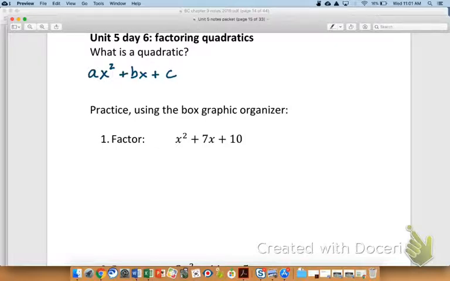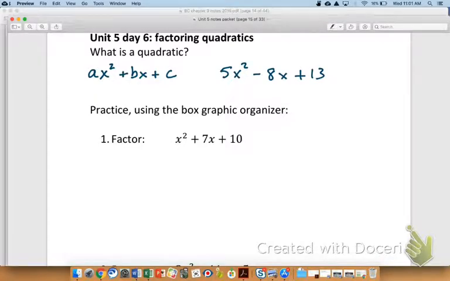So some other examples of quadratics would be 5x squared minus 8x plus 13, let's say. In that case, what's the degree of that particular quadratic? 2. What's the lead coefficient? 5. Correct. Here's another example.